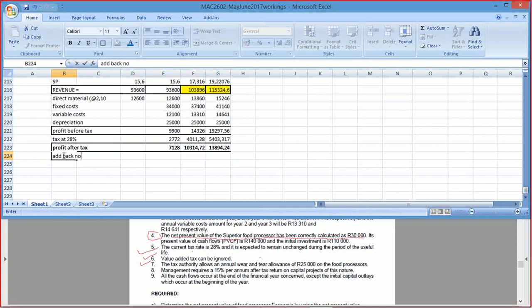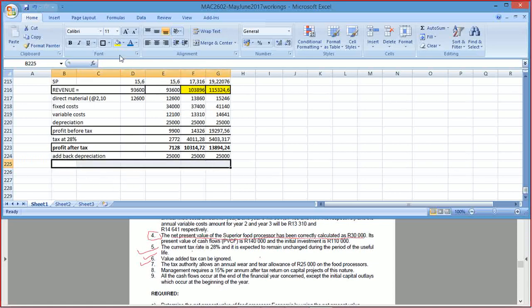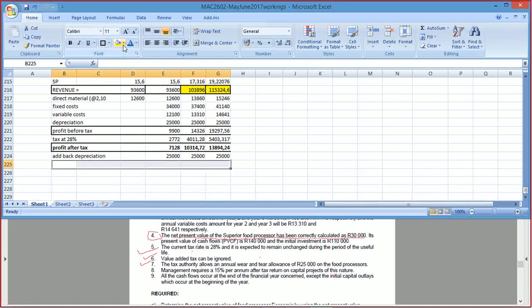Yes, sir. There's the profit after tax. Then you add back non-cash items, so depreciation. You're going to add back the 25,000 to all of these, and that's going to give you the operating cash flow.